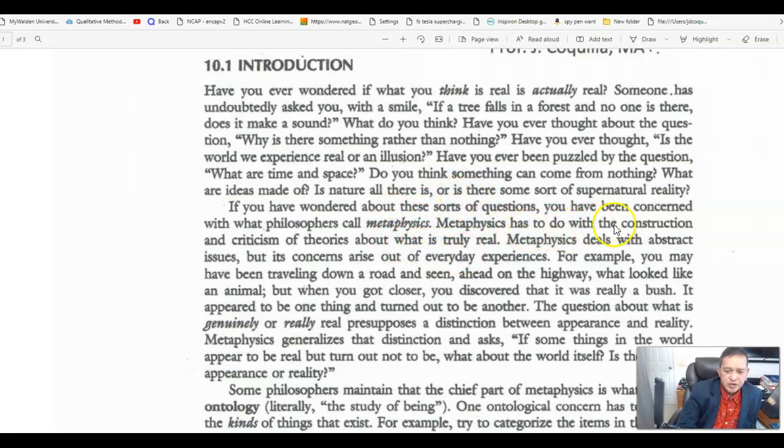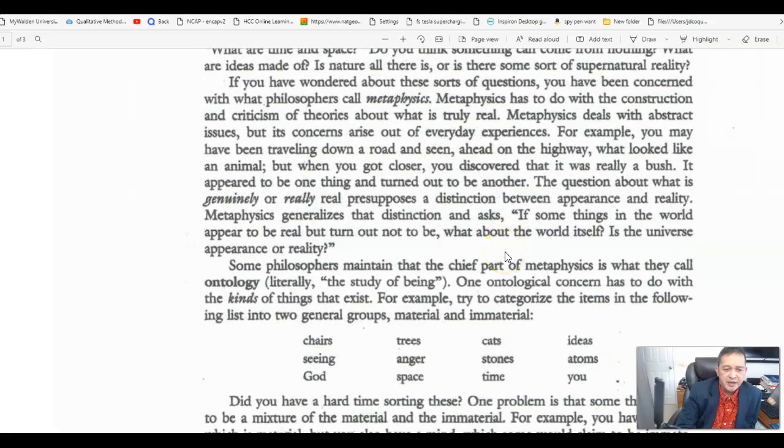Metaphysics has to do with construction and criticism of the theories of what is real. It deals with abstract issues, and it concerns arise out of everyday experiences. So metaphysics is really part of our daily life when we realize how it is.